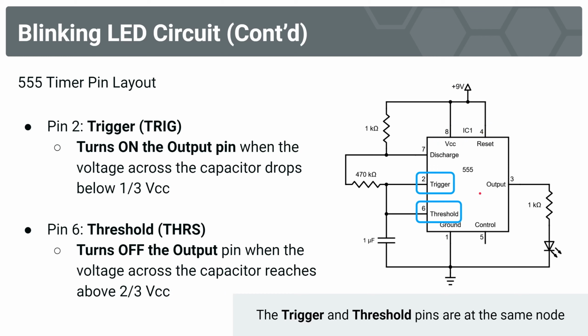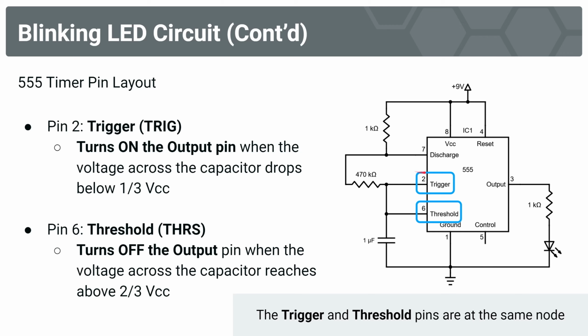Here are probably the two most important pins on this chip. Pin 2 is our trigger pin. Pin 6 is our threshold pin. Now, the trigger pin is going to turn on the output pin, turn on this LED, when the voltage across the capacitor drops below 1/3 VCC. Remember, that was our trigger point. And how does the trigger pin know the voltage of the capacitor?